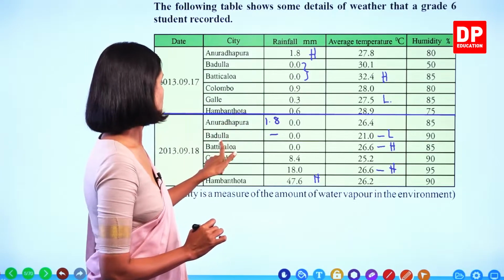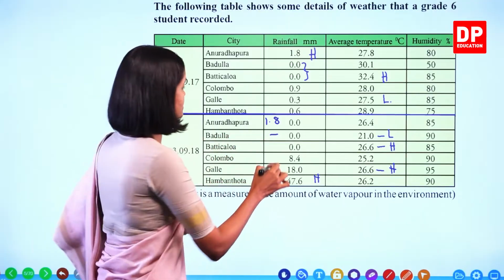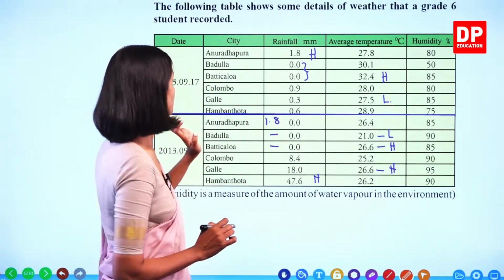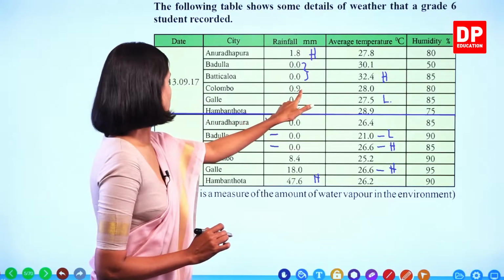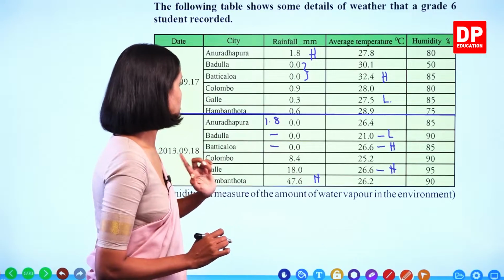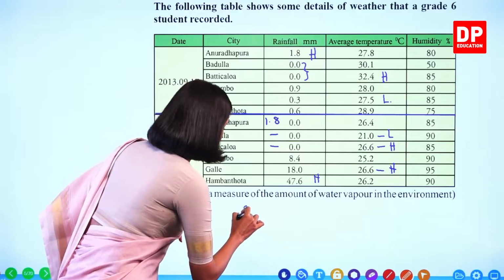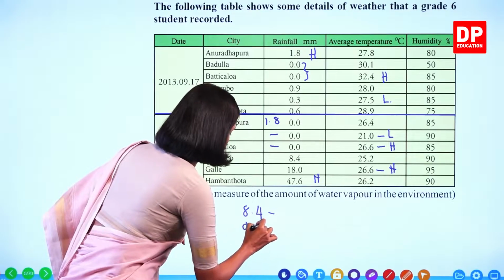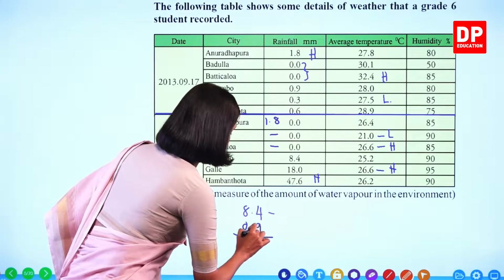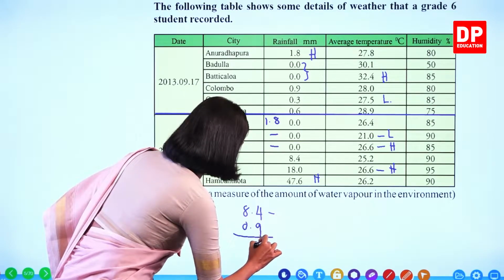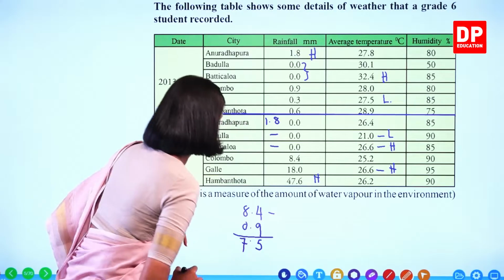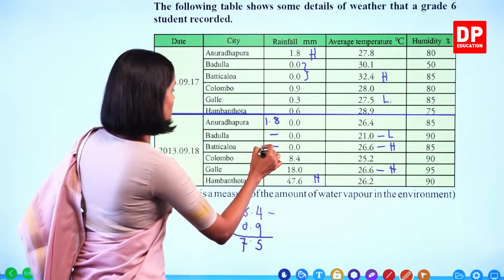Here 0, here also 0. There's no difference again. So you have to find the highest difference. Colombo. 0.9, here 8.4. So 8.4 minus 0.9. 14 minus 9, 5, and here 7. Right? 7.5.